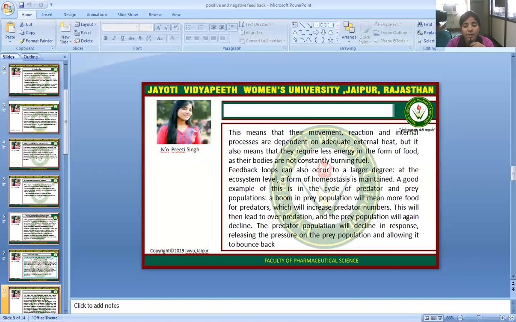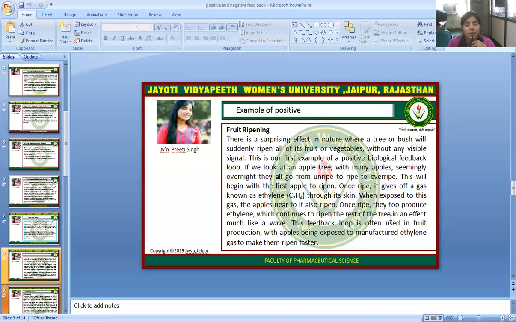A boom in prey population will mean more food for predators, which will increase predators' numbers. This will then lead to over predation, and the prey population will again decline. The predator population will decline in response, releasing the pressure on the prey population and allowing it to bounce back.